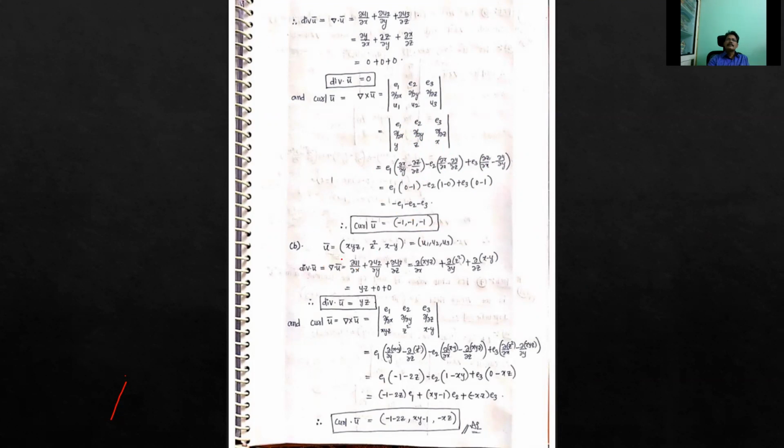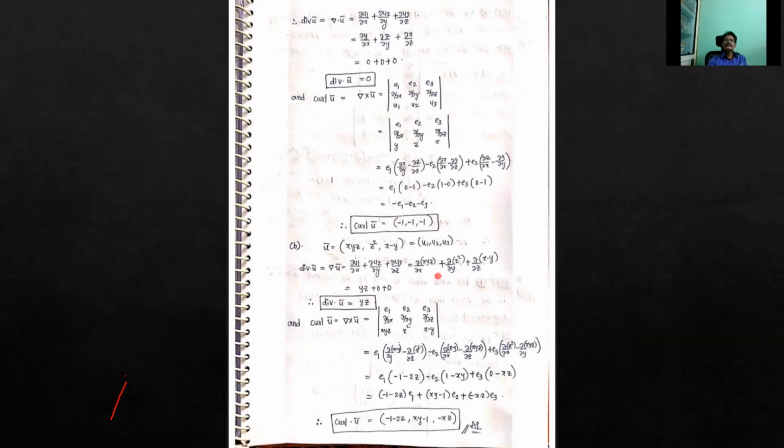And the second one, U bar is x y z, z square, x minus y. Here U1 is x y z, U2 is z square, U3 is x minus y. You know that the divergence means differentiate the first one with respect to x, second one with respect to y, third one with respect to z.